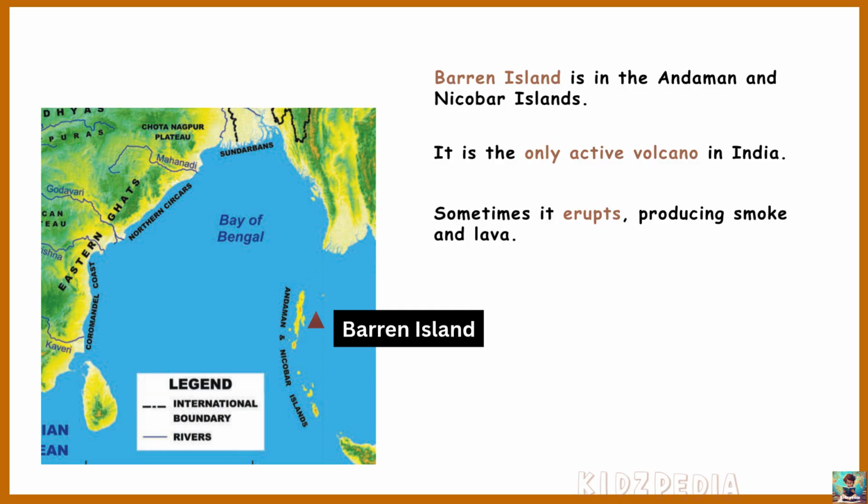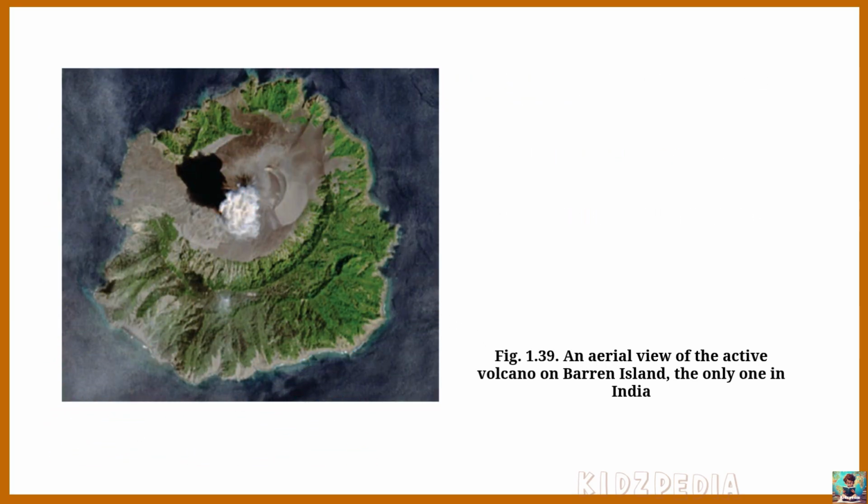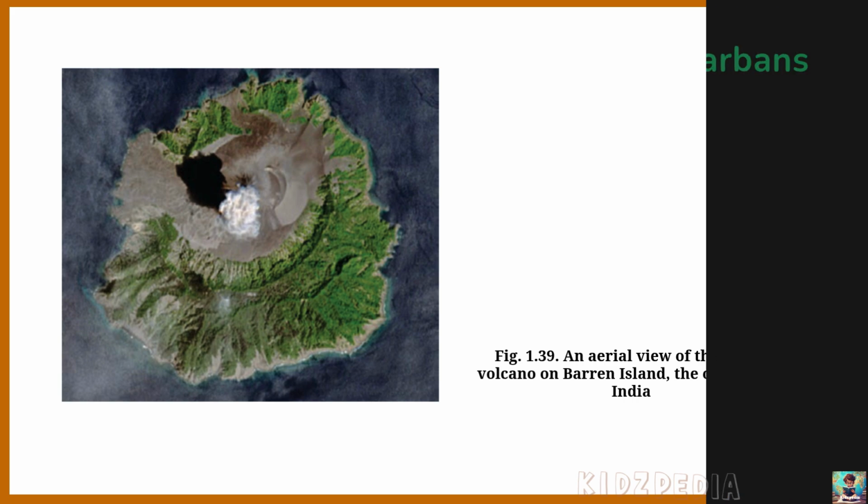An active volcano means it can erupt, and when it does, it throws out smoke, ash and hot lava into the sky. And this is an aerial view, which means it is taken from high above. So we can clearly see the shape of the volcano and the island around it. This makes Barren Island a very rare and unique natural feature in India.